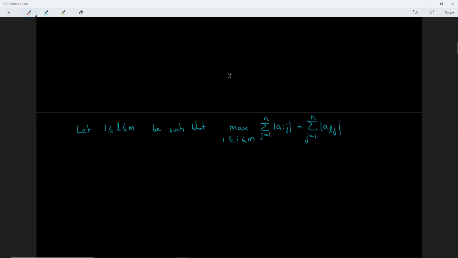Or let me write that explicitly. So the lth row has the maximum absolute row sum. Okay.